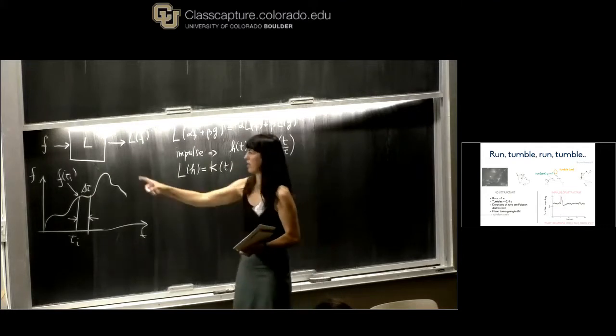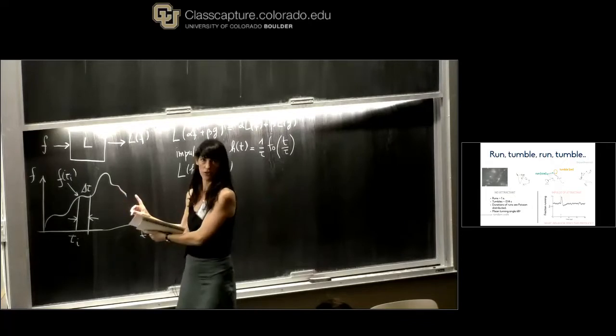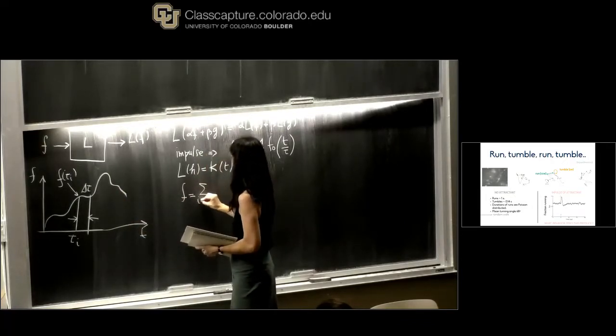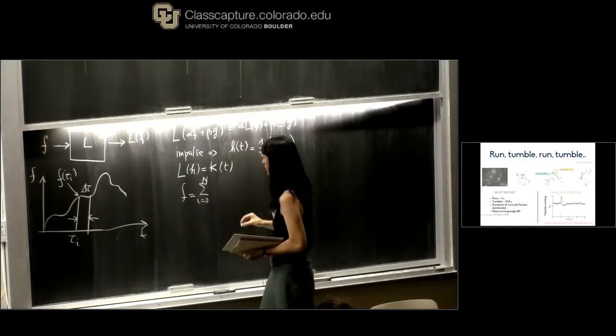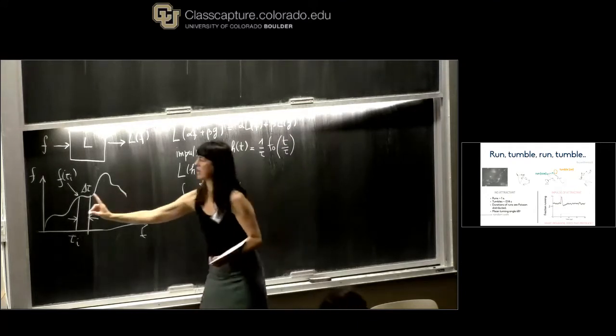Now you can approximate your entire f in chunks. That means you write it as a sum for i that goes from 0 to n of your impulse h, translated by tau i.